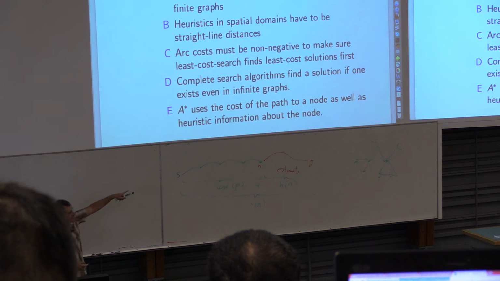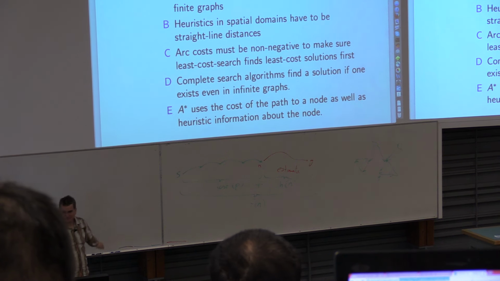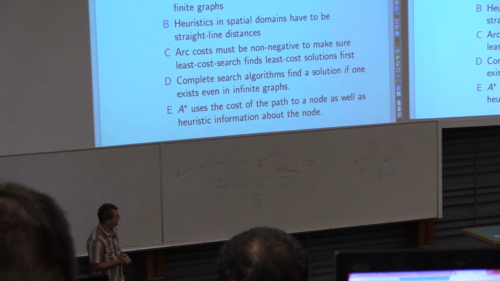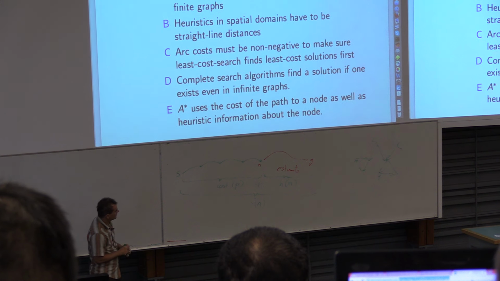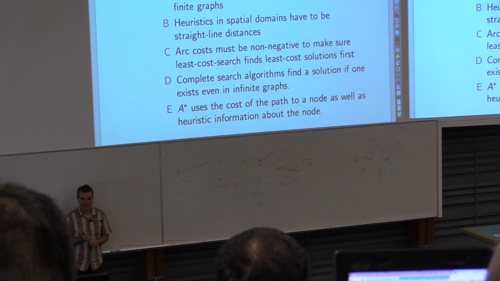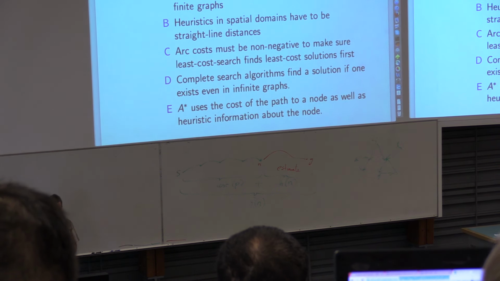This is the definition I gave of a complete search algorithm, assuming that there's no node with an infinite number of neighbours. So we assume there's not an infinite number of neighbours.